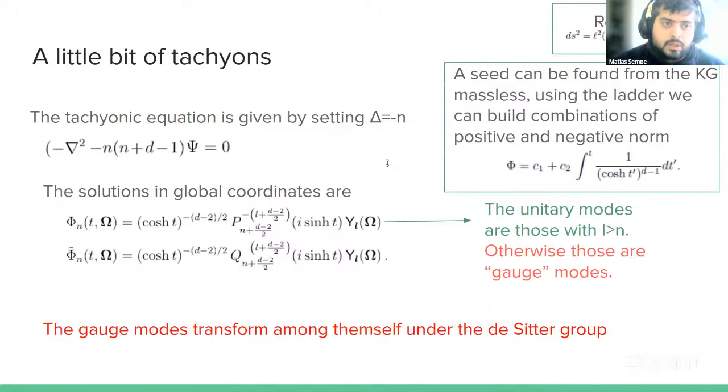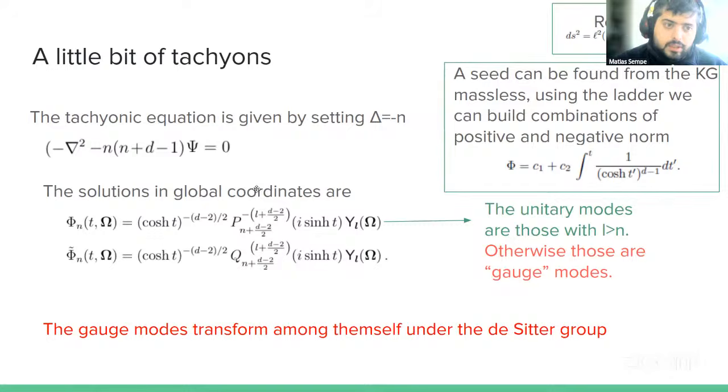A little bit more about the tachyons that we explained when we talked about the parameterization of deltas, and a little bit in the previous slides. A reminder: when we put coordinates, we're always thinking about global coordinates.